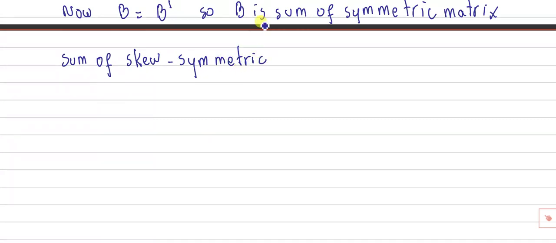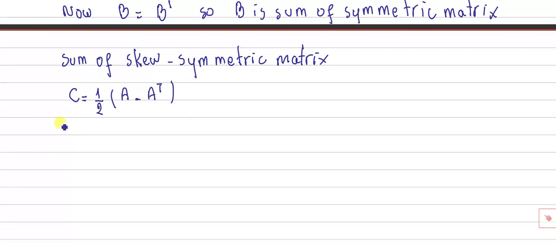Skew symmetric matrix. So we let C equal to 1 over 2 A minus A transpose. This one is the skew symmetric.